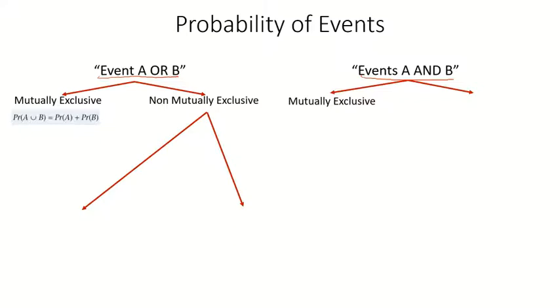But before that, let's look at events A and B. If events A and B are mutually exclusive, is it possible for them to happen at the same time? Like heads and tails when you flip a coin, is that possible?